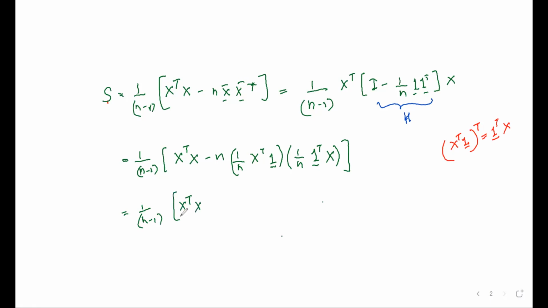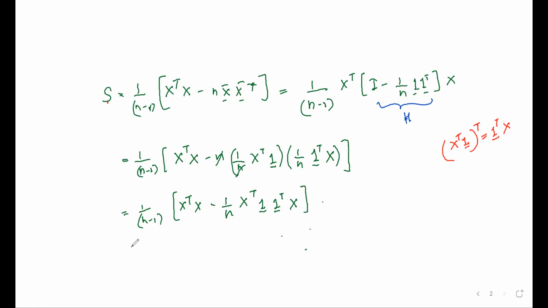Be careful with the underlines, that means the vectors and matrices, right? So you can see 1 n cancels off here. So you have 1 over n part. You have x transpose 1 1 transpose x.